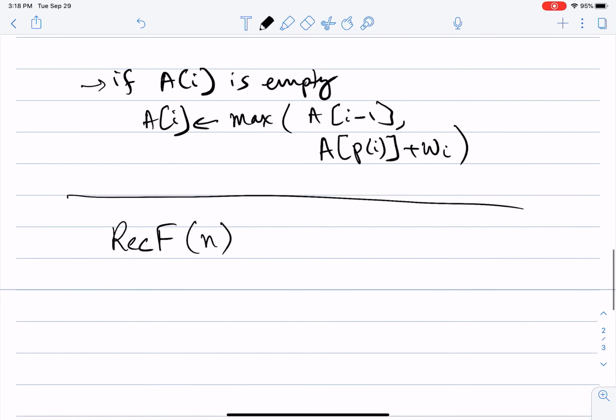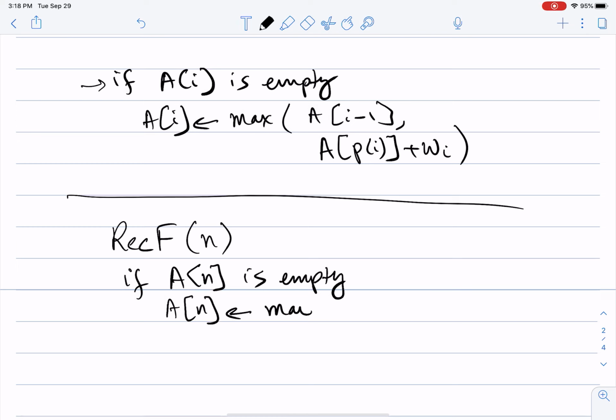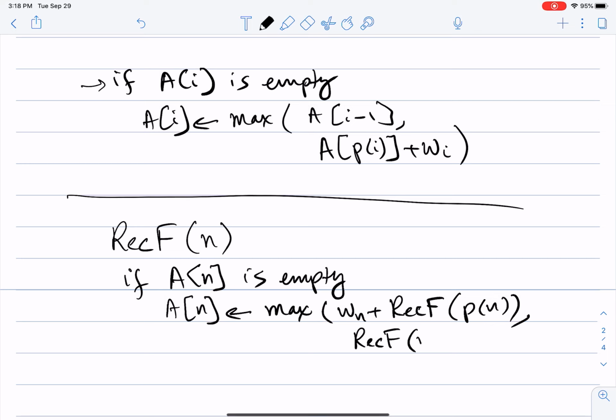If you think about this, now we say here that if A of n is empty, then let's compute A of n. A of n is the max of w of n plus, now let's call the function recursively on p of n, and the function recursively on n minus 1.